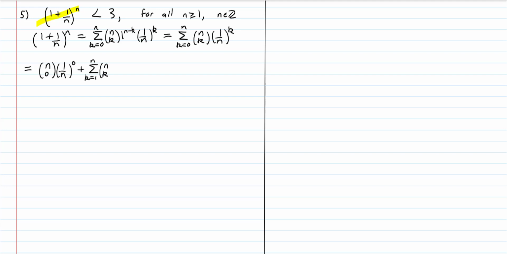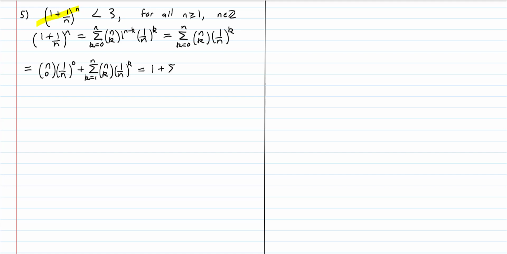Then we have our n choose k times 1 over n to the power of k. So this equals then, well, n choose 0 times 1 over n to the power of 0 is just 1 times 1, so that equals 1, plus, and then n choose k, we'll write out the definition of that.